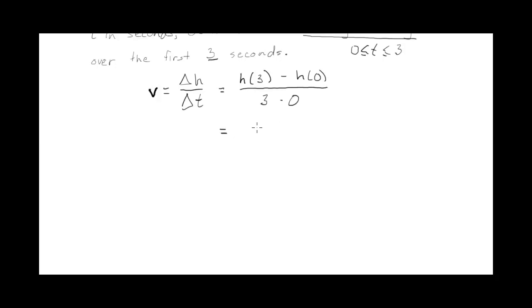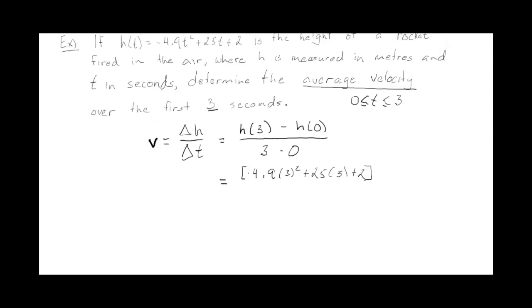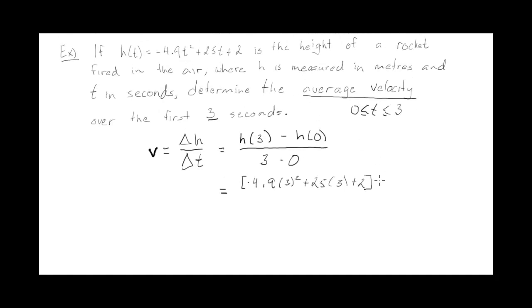So h at 3 means sub in 3 to the equation, so that's minus 4.9 times 3 squared plus 25 times 3 plus 2. That's this equation up here, minus h at 0.